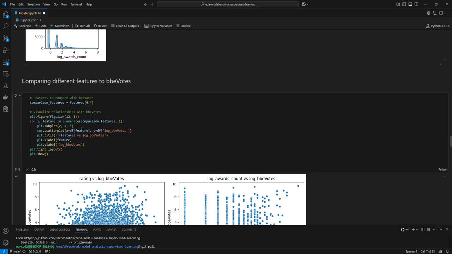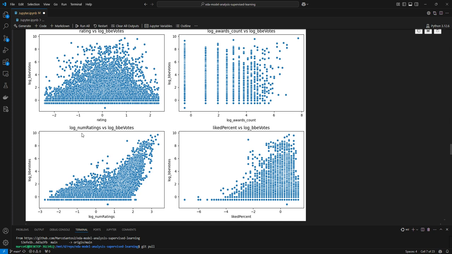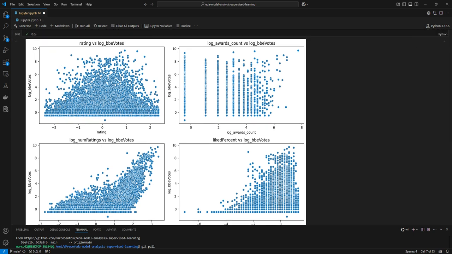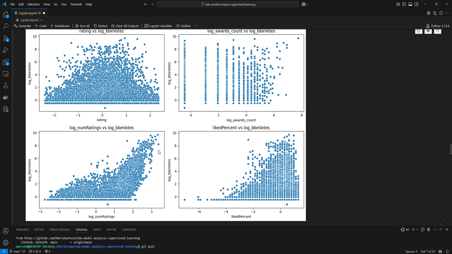All right, so a quick comparison here between BBE votes and other features. So the overall takeaway here is that the standout relationship is between the total ratings and BBE votes, right? If we take a look here at the third graph, you're going to see how this forms a nice upward line towards number of ratings.